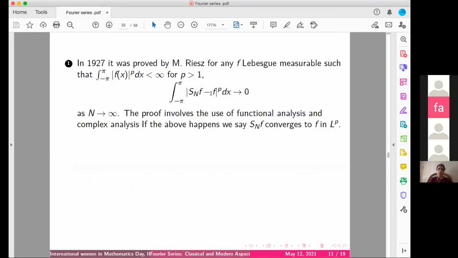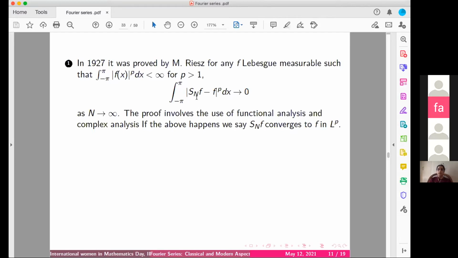So in fact, in 1927, Marcel Riesz proved an even more general result: for f Lebesgue measurable, so that this f is in L^p of minus pi to pi, meaning that this integral from minus pi to pi of mod f(x) to the p dx is finite, for p bigger than 1, this L^p average also goes to 0. For p strictly bigger than 1, which also includes p equal to 2.